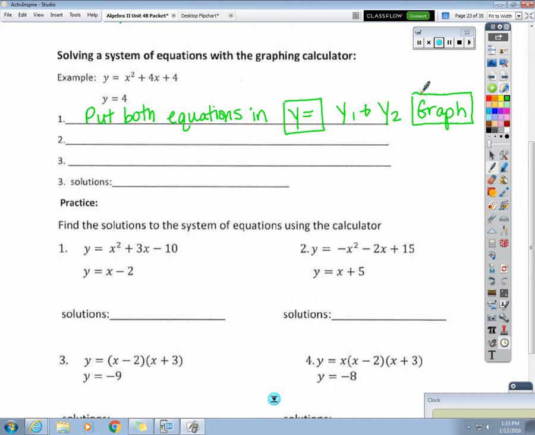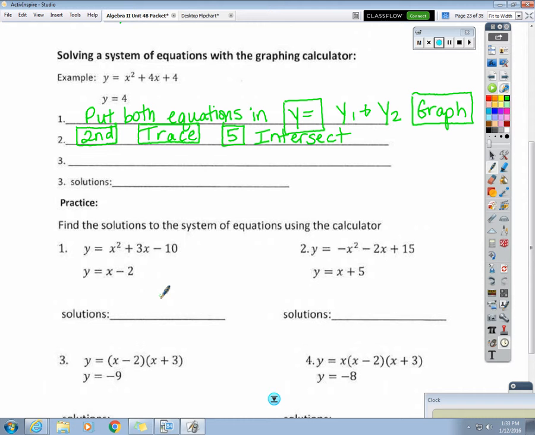But to find the exact location, you're going to hit second, and then after that, trace, and then after that, you'll hit number 5, because the word beside number 5 says intersect, and that's what we're looking for, is where they intersect each other.